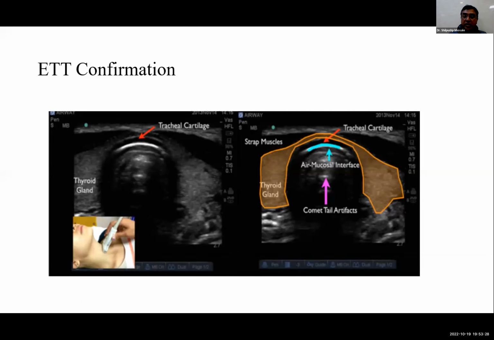You do not have to give 4 or 5 breaths for confirming on EtCO2. It can be done actually during the time of intubation. And of course, other scenarios, like a cardiac arrest scenario where the EtCO2 may not be very reliable, you can use these ultrasound methods. Though EtCO2 still is the gold standard for confirmation.